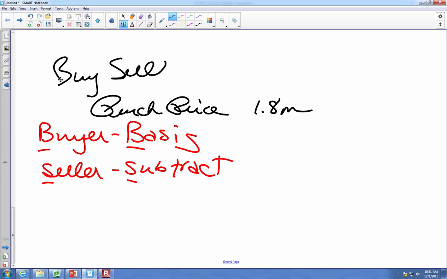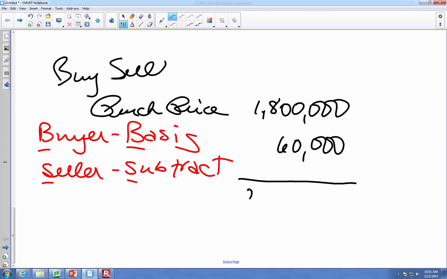Let's say on a $1.8 million building, I had closing costs of 60 grand. The reason I did that is because those closing costs go into my basis and are depreciable. I can't write them off straight away.